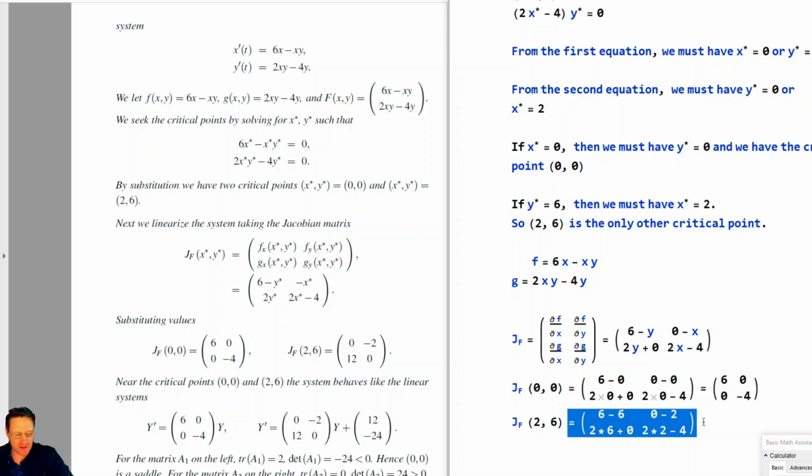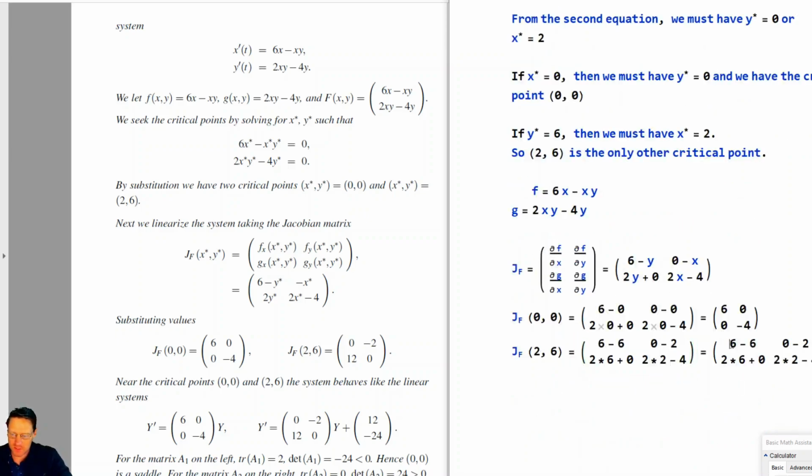Okay, let's simplify this. 6 minus 6 is 0. 0 minus 2 is minus 2. Then down here we have 12. And then we have 4 minus 4 is 0. Okay, great. So we have the matrices for the linearized systems.